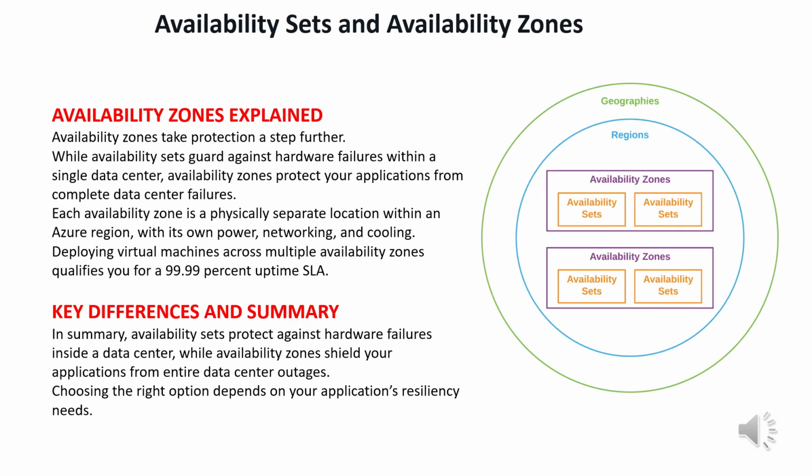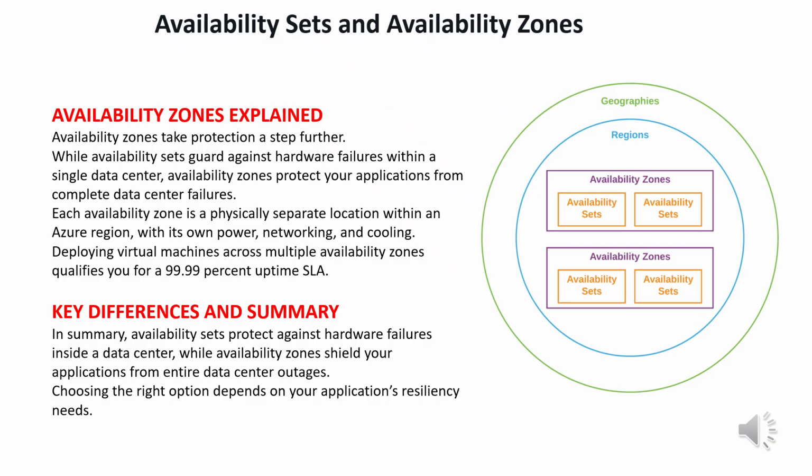Availability zones explained. Availability zones take protection a step further. While availability sets guard against hardware failures within a single data center, availability zones protect your applications from complete data center failures. Each availability zone is a physically separate location within an Azure region, with its own power, networking, and cooling.